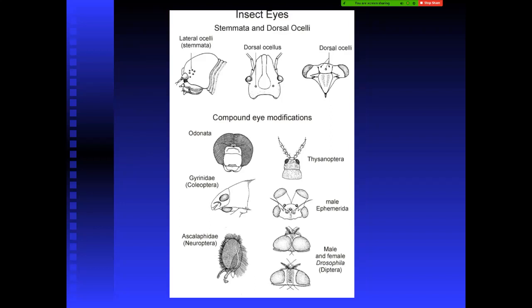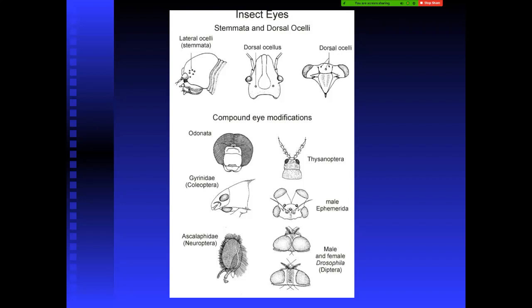Here are some examples of insect eyes. Here are the caterpillars or larvae, and you'll see that there's ocelli, and I guess together they make up the stemmata, if I remember right.